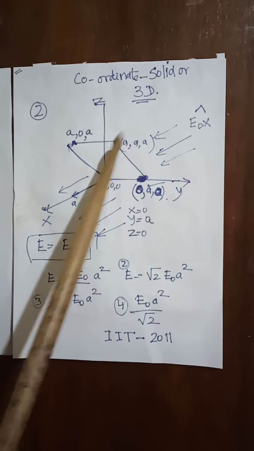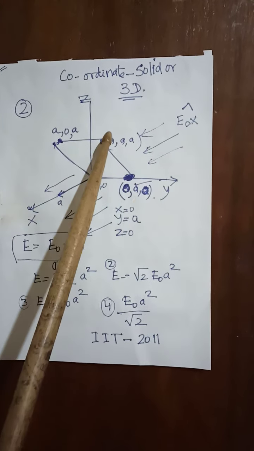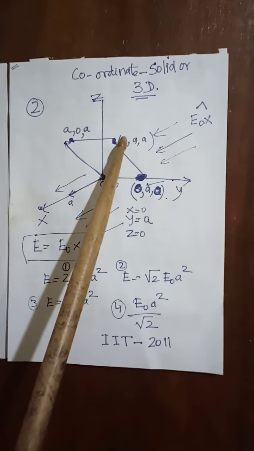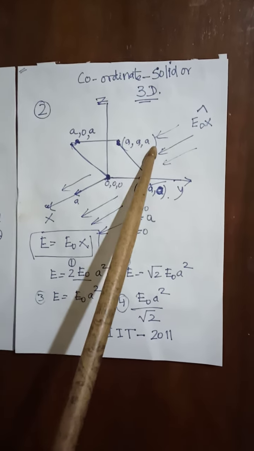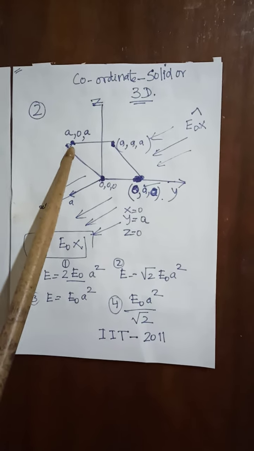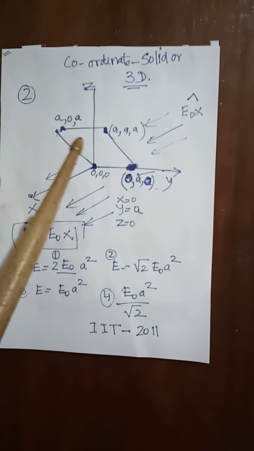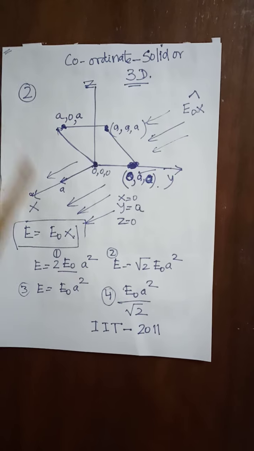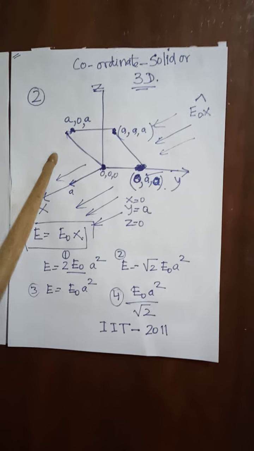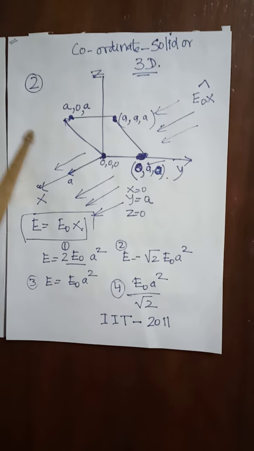Had it been this, then the flux would be E naught into a square. But now this is inclined, so consider this projection. What is this projection? I tell you, you don't need to worry. IIT questions are the most beautiful questions.